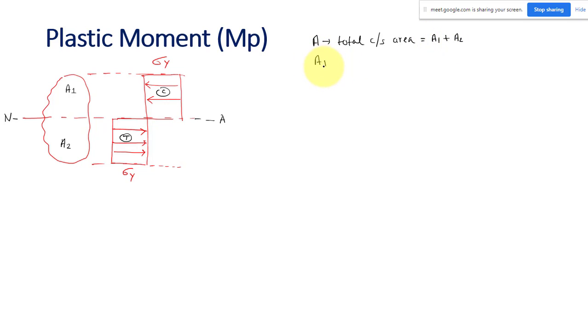And A1, what is A1? The area under compression. And what is A2? The area under tension, the area of cross section under tension.